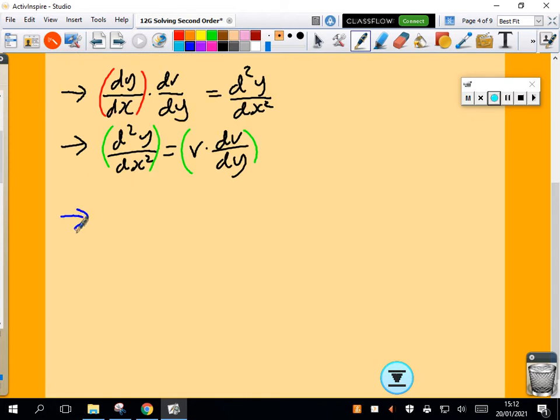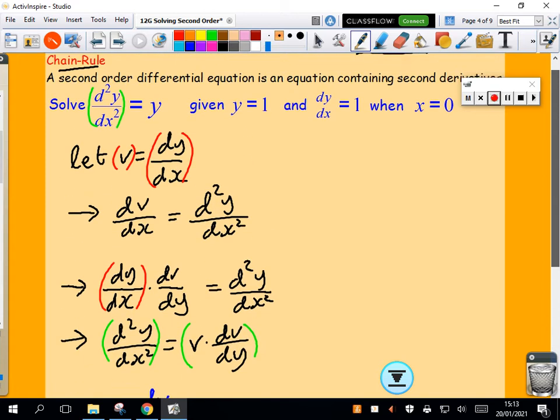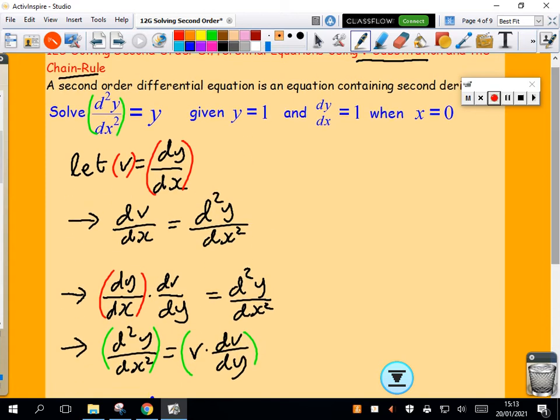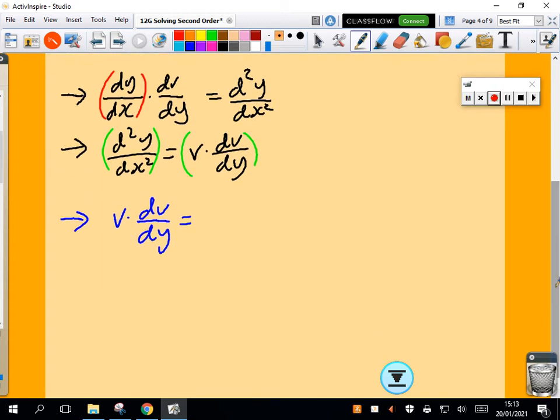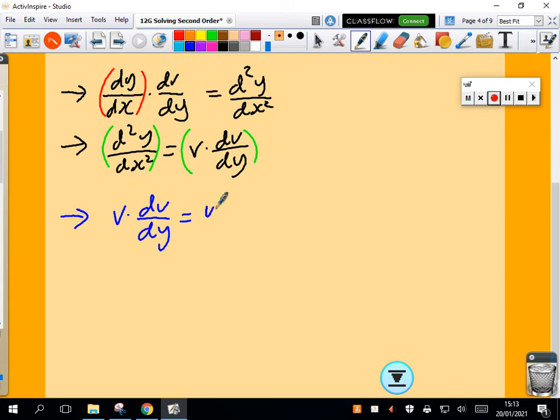So substituting in, we're going to get v dv/dy from my original equation. That's replacing the d²y/dx², the second derivative, and that's equal to y. And this is now a first order differential equation. How do I solve it?